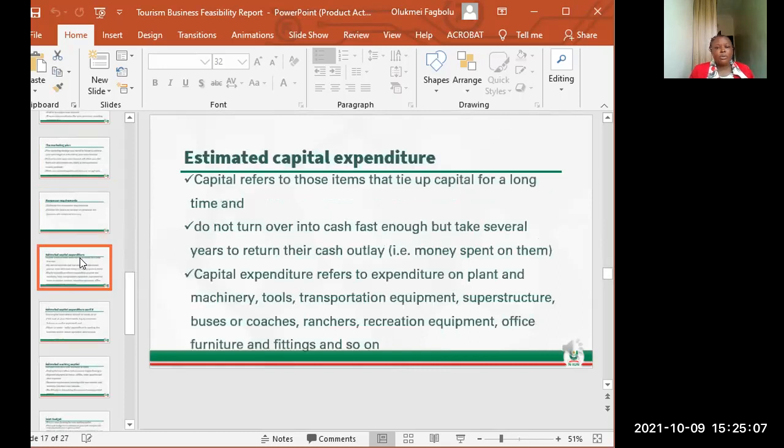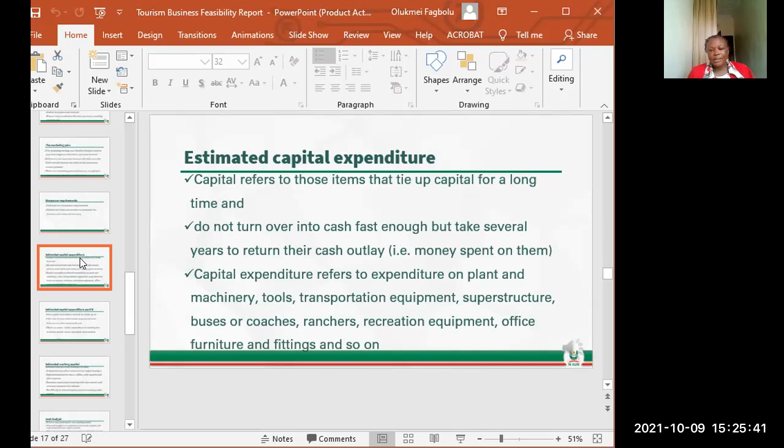Then another very important section in our feasibility report is the estimated capital expenditure. As we all know, capital refers to those items that tie up capital for a long time and do not turn over into cash fast enough, or take several years to return their cash outlay. That is money spent on them. Then capital expenditure refers to what?